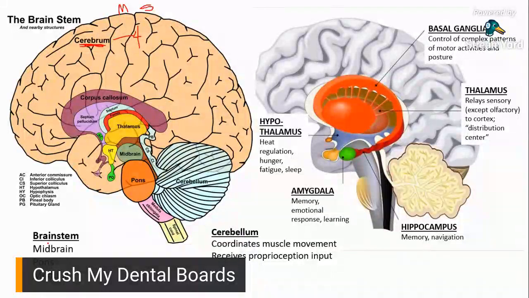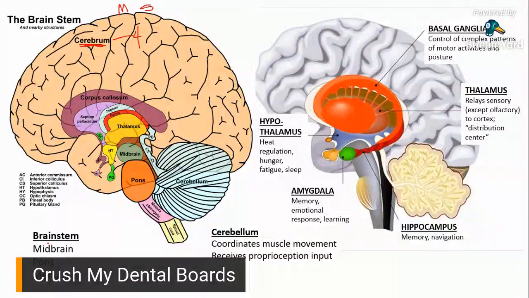Remember, the first two cranial nerves are the only ones that do not arise from your brainstem. All the rest are connected to your brainstem.